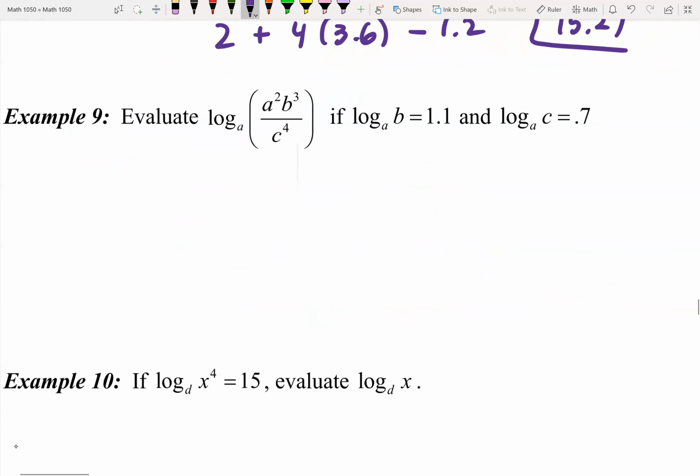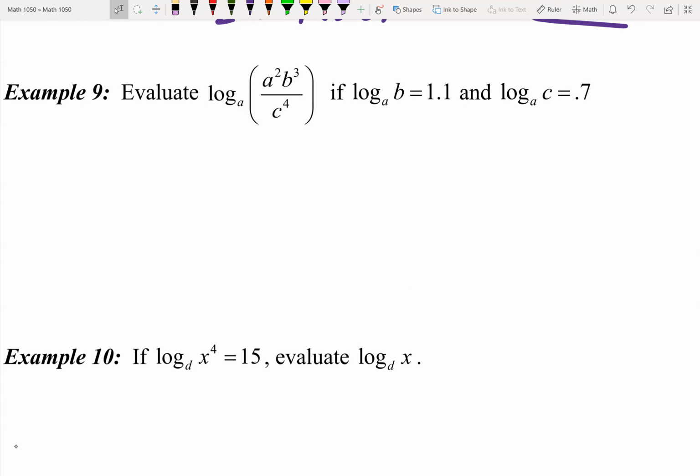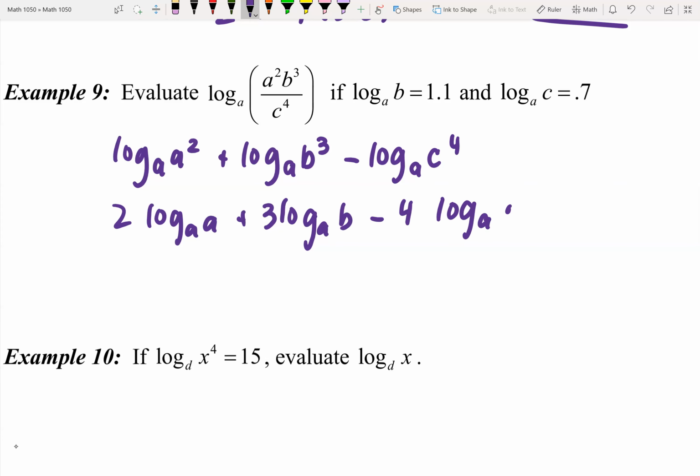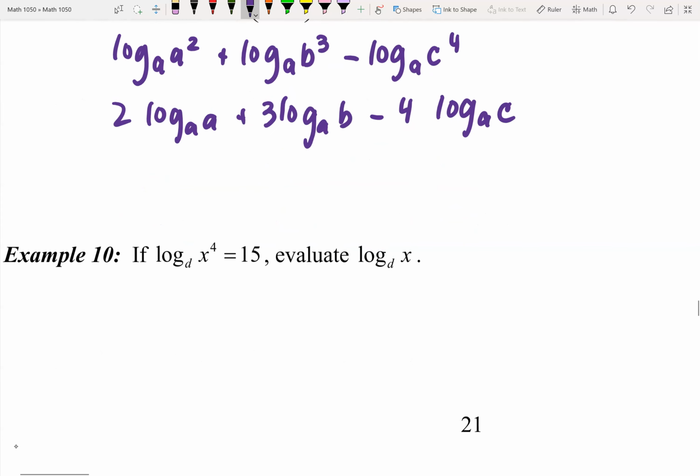Okay, I'm surprised that wasn't on because it's always on. Okay, let's do this. Expand it. So it's log base A of A squared plus log base A of B to the 3rd minus log base A of C to the 4th. Exponents. 2 times log base A of A plus 3 times log base A of B minus 4 times log base A of C. Now substitute.